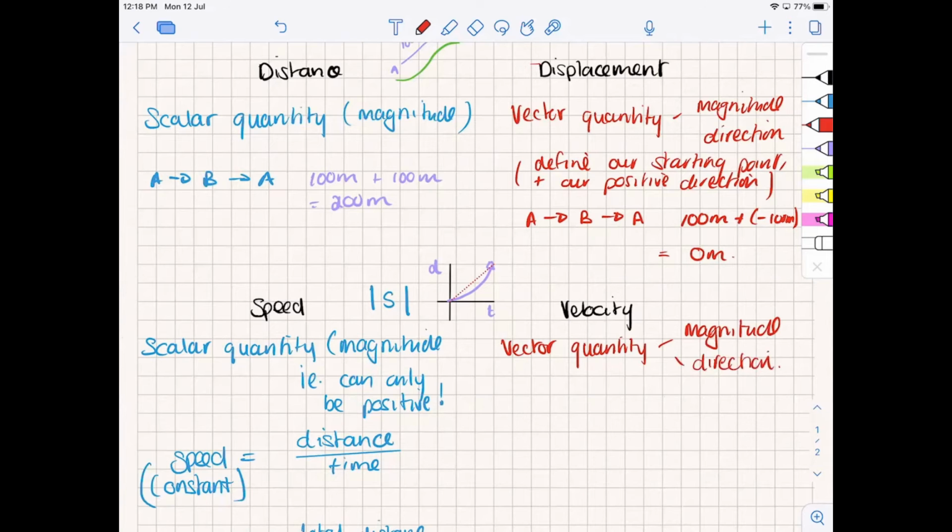And very importantly, just like with displacement, we have to specify which direction is positive velocity. In other words, in your car, we define going forwards as having positive velocity and going backwards, or driving in the opposite direction, as having a negative velocity.